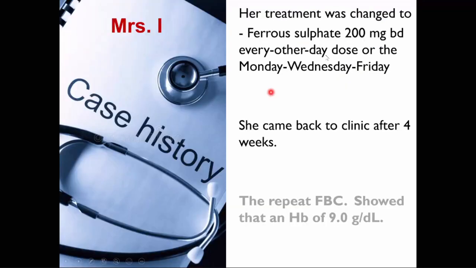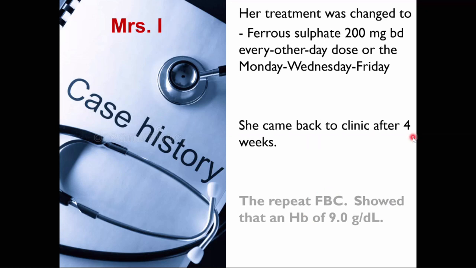So then you switch to every other day dosing. You give it Monday, Wednesday, Friday. You reduce the dose a little bit as well to 200 BD, and you get her down to clinic to see in 4 weeks with another full blood count, and still the hemoglobin is 9. So it has gone from 8.9 to 9.